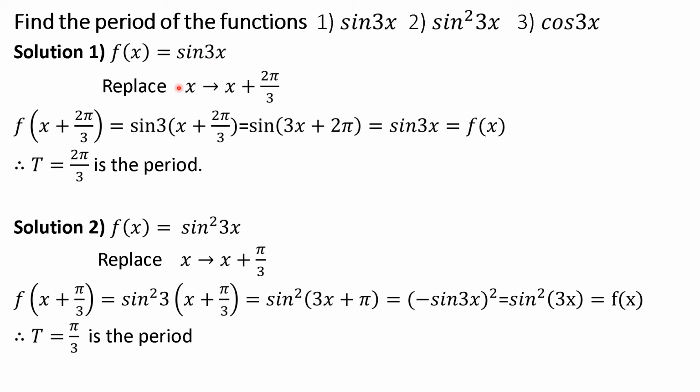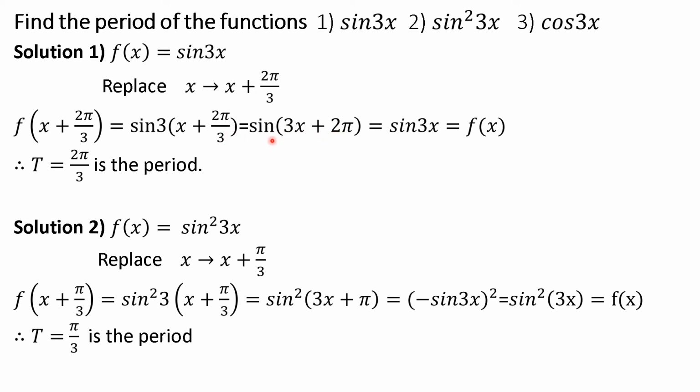Here, replace x by x plus 2 pi by 3. Replacing x by x plus 2 pi by 3, we will get sin of 3 into x plus 2 pi by 3. Multiplying by this 3, we will get sin of 3x plus 2 pi. The 3 gets cancelled, remaining is 2 pi.